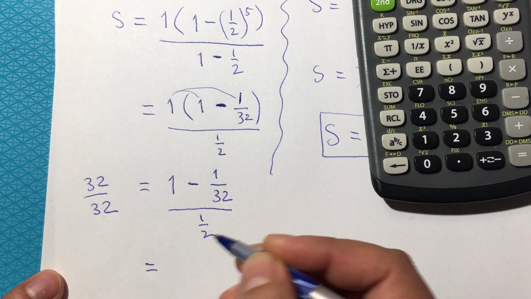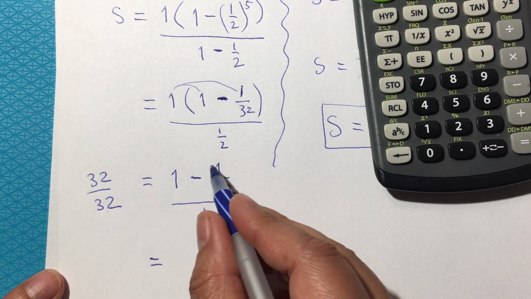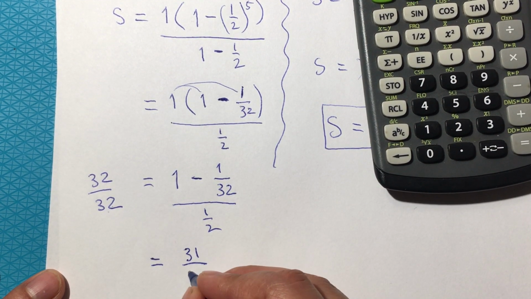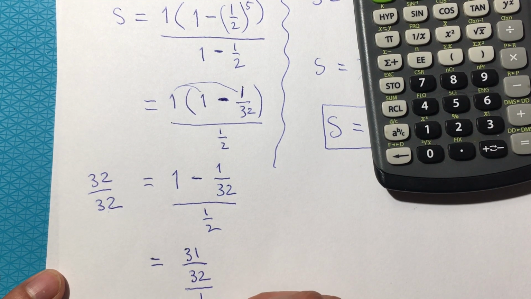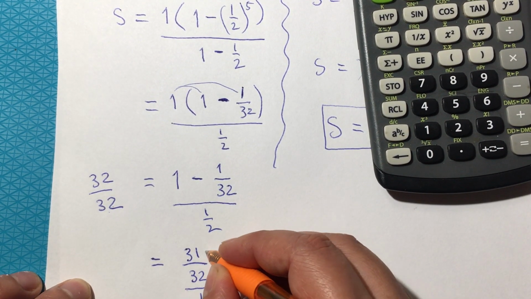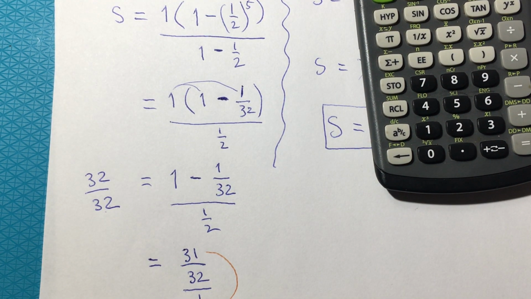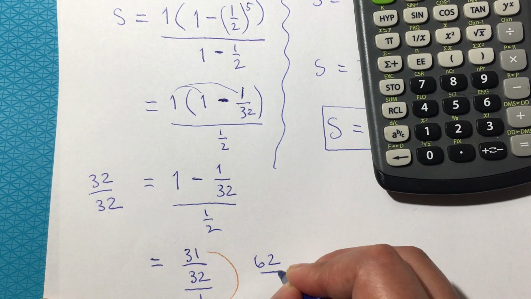I know it's a lot more tricky with fractions, but it's fun too. And so 32 minus 1 is 31. And we have the common denominator. And don't forget the 1/2 in there. And for the division of fractions, all you do is multiply the outer numbers. 31 times 2 is 62.